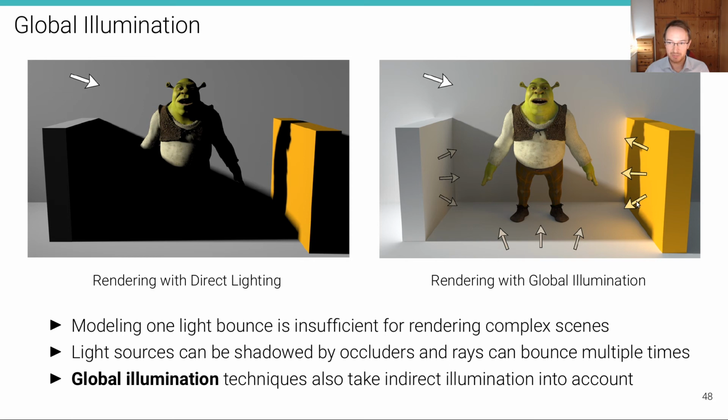And here on the right, we have the same rendering now with global illumination, where this light that's entering the scene here is reflected from this wall and reflected from the ground, and maybe reflected another time from this wall, and illuminating parts of the scene that are not directly illuminated by the emitting light source.